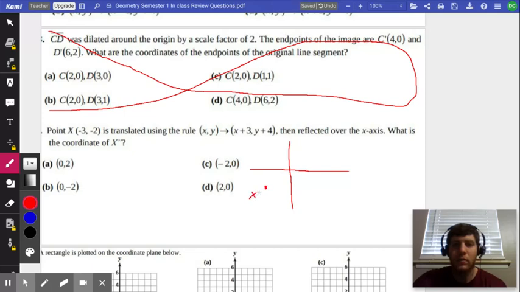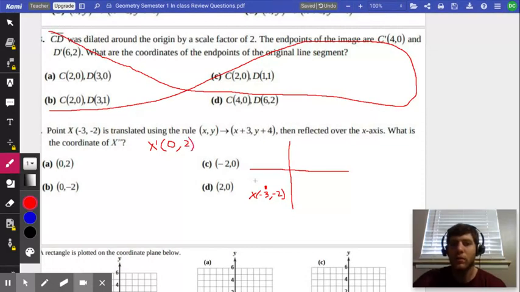So here's x, -3, -2. If we're going to go 3 to the right, for x prime we're at -3, so -3 plus 3 is 0. Okay, -2 plus 4 is 2.